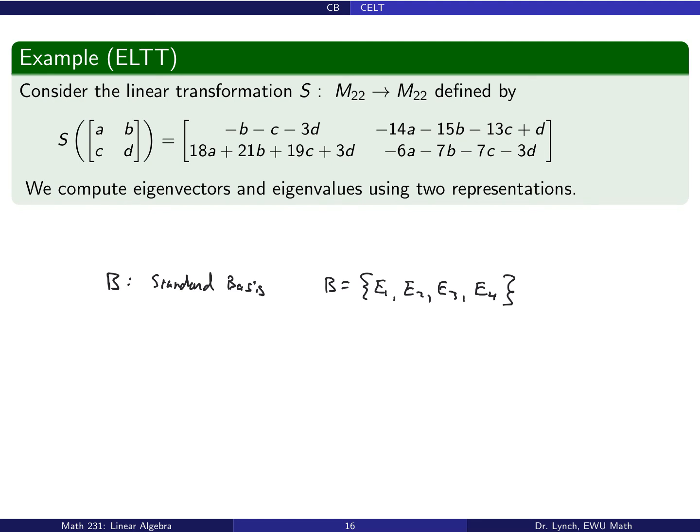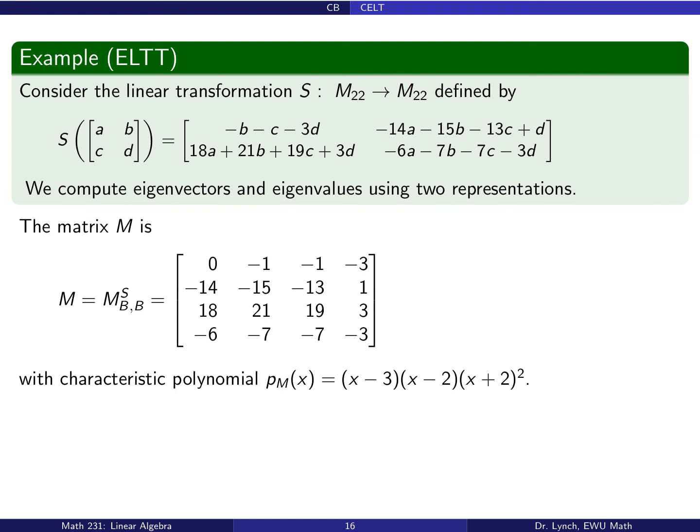So we can see pretty quickly that the first column of our matrix M_BB, the matrix of S with respect to the basis B, the standard basis, should be 0, 14, 0, -14, 18, and -6. Okay, it works similarly for the other elements in the basis, and picking those off, we can see that the matrix of the transformation S with respect to the basis B is this 4x4 matrix.